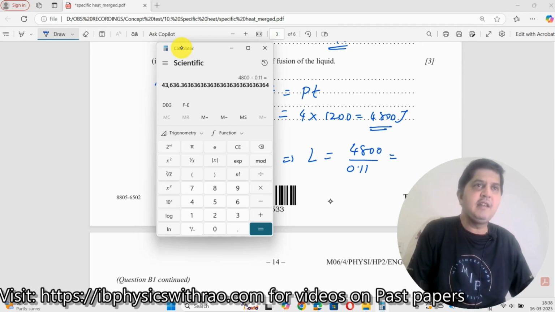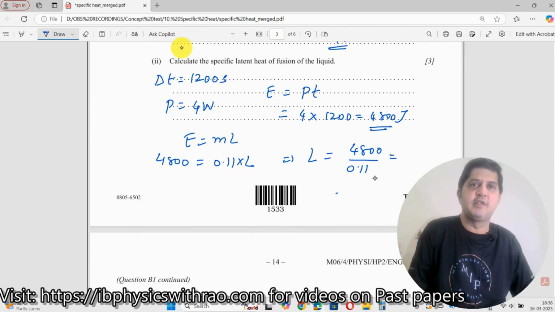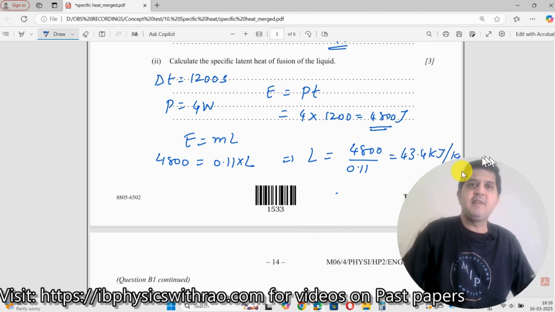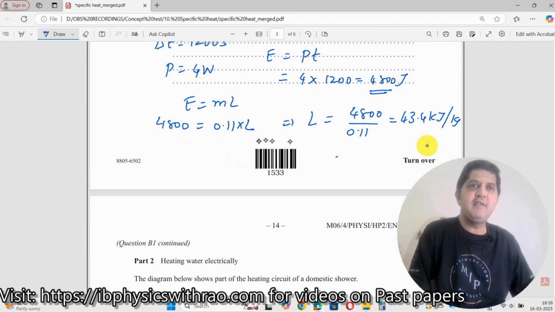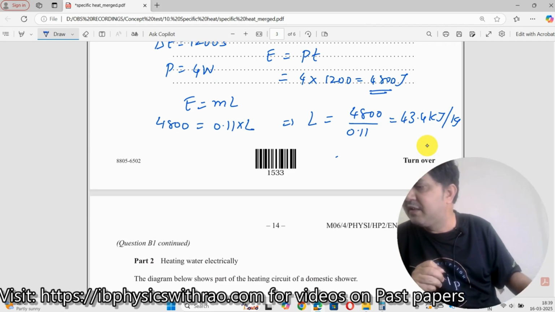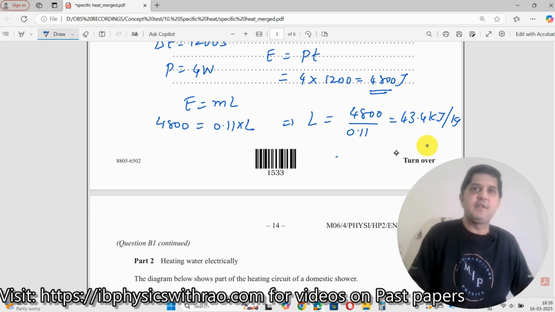So what I can write is 43.4 kilojoules per kg, because you do not have a temperature over there, you only have a mass. That is the right answer, 43.4 kilojoules.